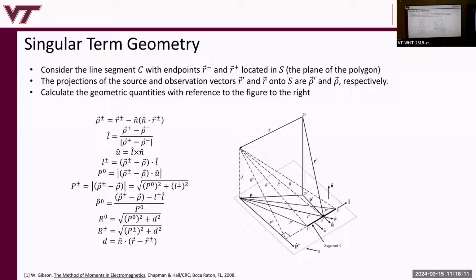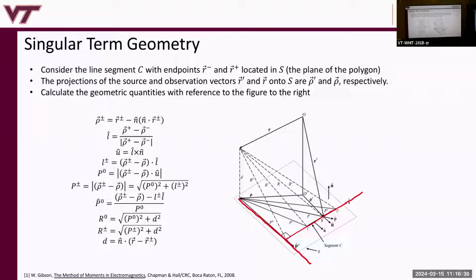Okay. We're going to need all these different quantities here. And first thing is, the line segment C has endpoints. So it has endpoint l minus, endpoint l plus, all right? And I'll explain what l is. First off, there's a right-handed coordinate system here like this, all right? Here's some coordinate, and then here's another one here, okay?